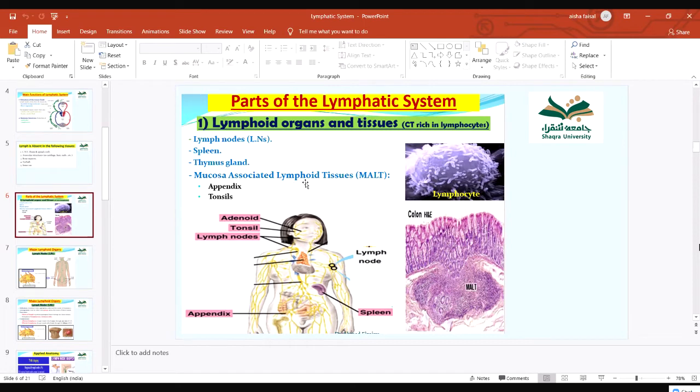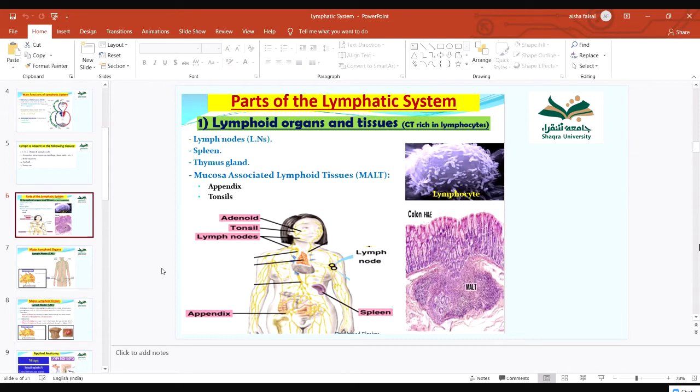Where these lymphocytes are well organized, they are called organized mucosa associated lymphoid tissue, the O-MALT. Examples of the organized MALT are your adenoids and the tonsils, which are present along the respiratory and upper digestive system. So these are organized masses of the T cells and the B cells.